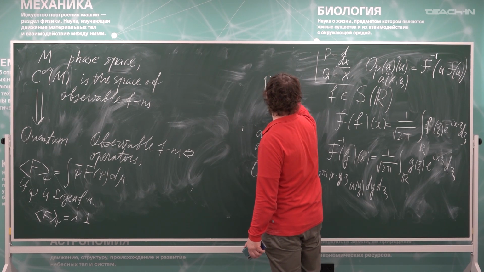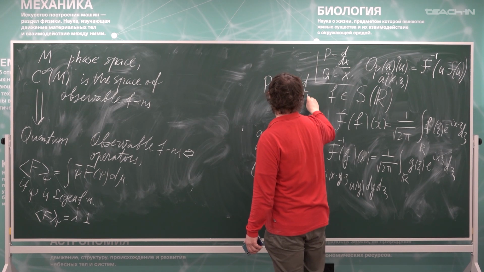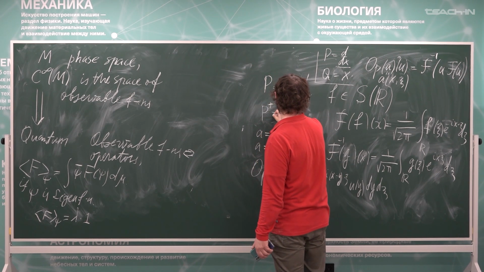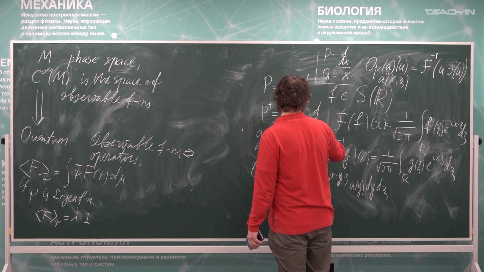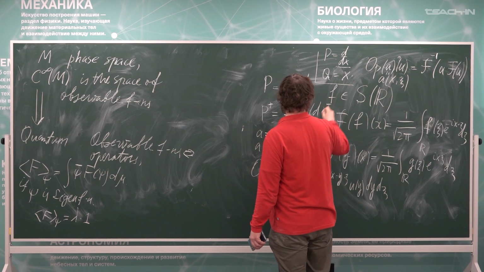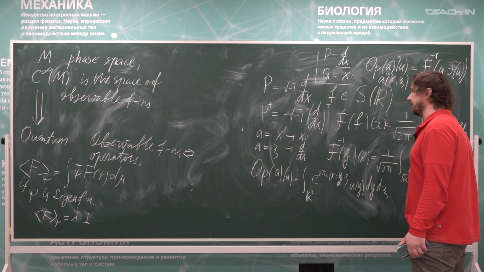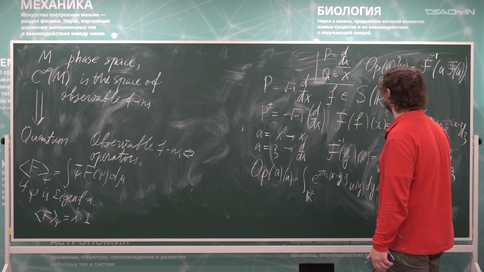You can replace it by square root of -1 times d/dx. Then the adjoint operator p dagger will look like minus square root of -1 times (d/dx) dagger, but (d/dx) dagger is minus d/dx, and minus times minus cancels out. So this is in fact self-adjoint.